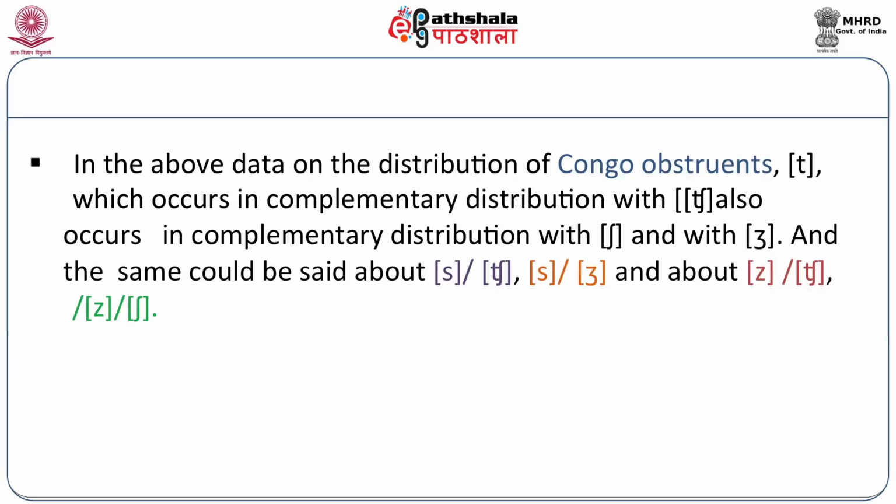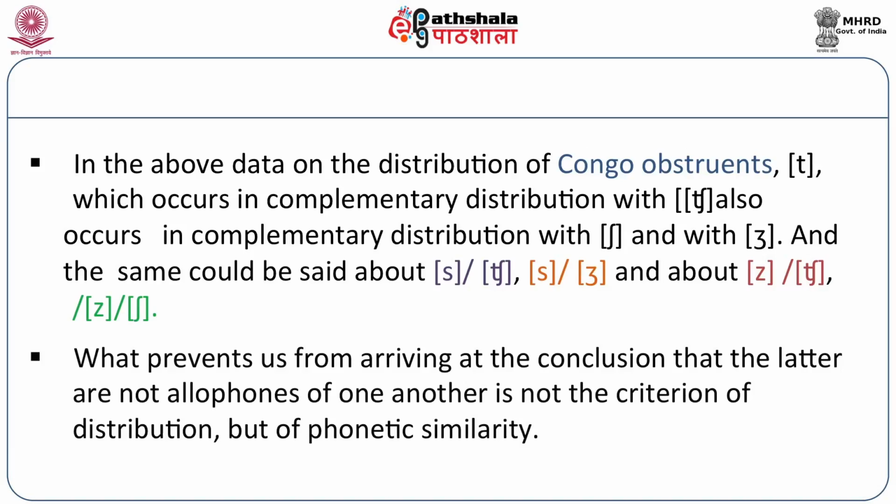But when we look closely at the distribution, what you find is that it is not only ch which occurs in complementary distribution with t, but also sh which occurs in complementary distribution with t. And similarly, it is also zh which occurs in complementary distribution with t. Thus the notion of complementary distribution is not going to be very helpful for us.